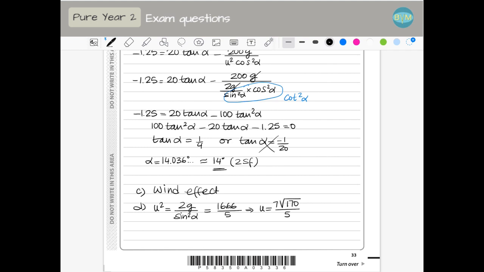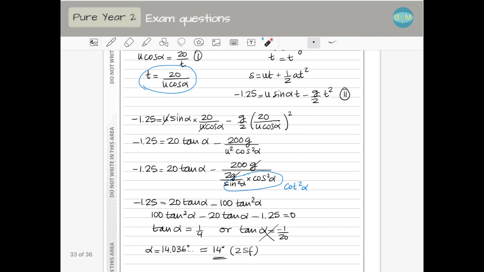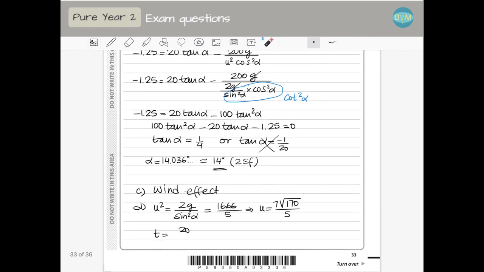That's U, which means the time is going to be 20, coming back to this expression that we have here, 20 divided by U cos alpha. So 20 divided by U, which is 7 root 170 divided by 5, and cos 14.0, all that with the calculator.